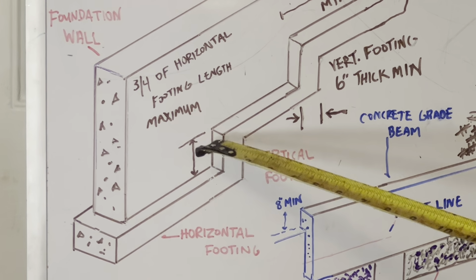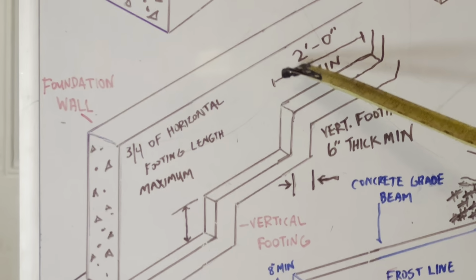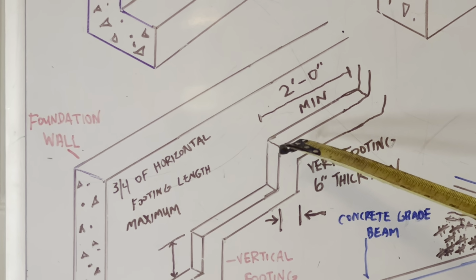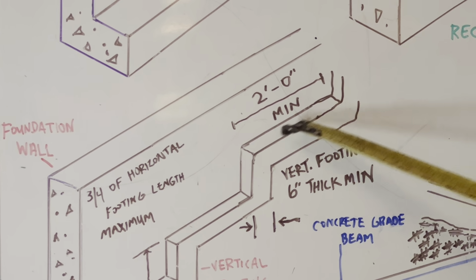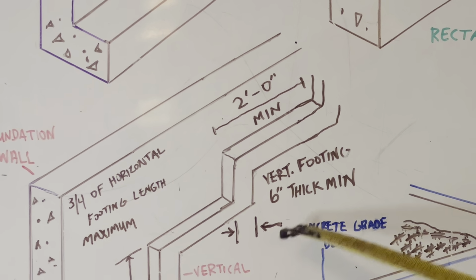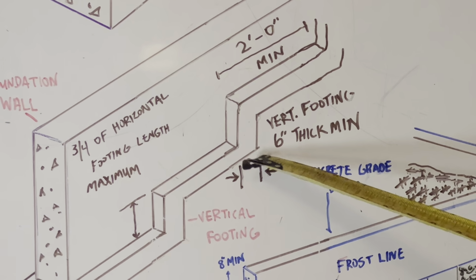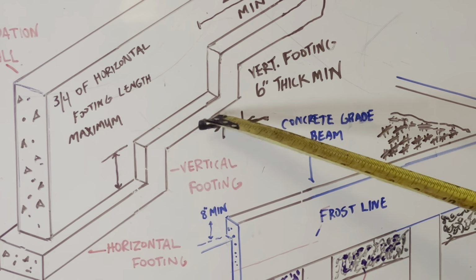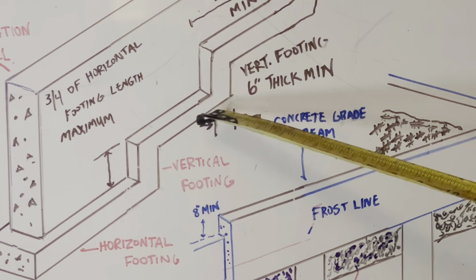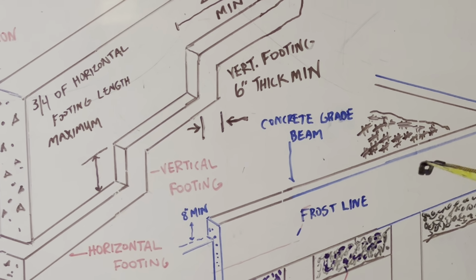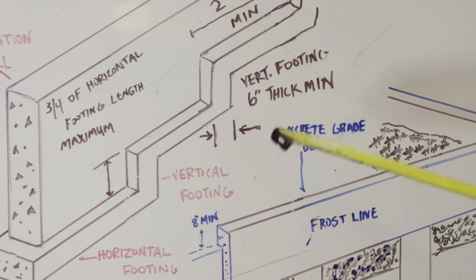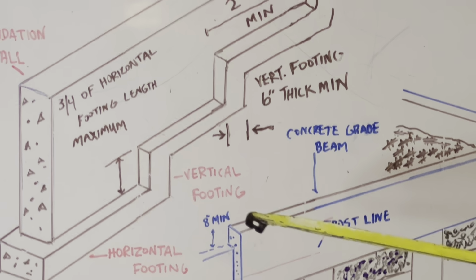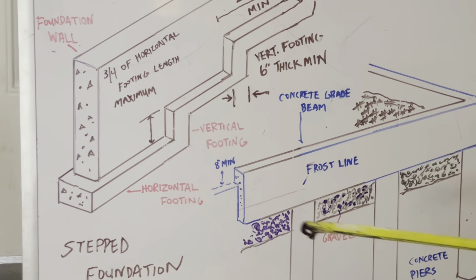It's for your vertical footing. I also have a 2-foot minimum length. This is our horizontal, and look right here at our vertical thickness. The thickness for our vertical footing is 6 inch minimum. Now this is our stepped foundation formula, according to building code.